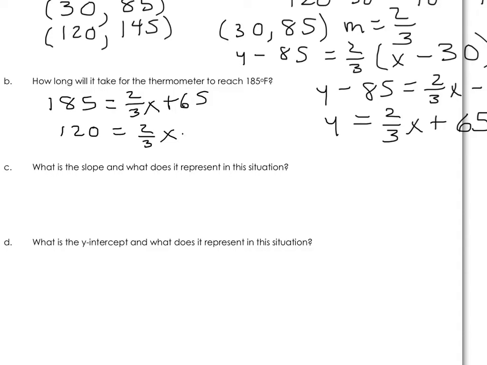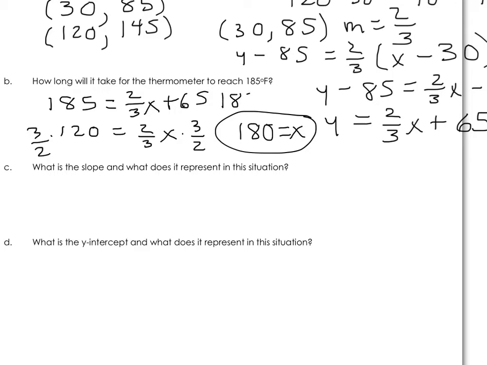Multiply both sides by the reciprocal of 2/3, by 3/2. You'll get 180 equals x. 180 minutes. That's 3 hours.